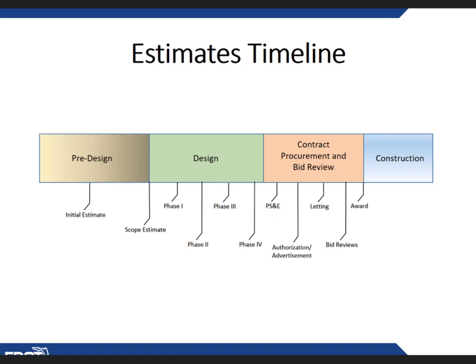But the project scope is defined as the scope of work, or what do we want constructed at the end of that particular project. Once the designer's on board, we'll have different phase submittals, and then the contract is going to be let, and then it's off to construction, where some people think that that's the end of it, but it's not.